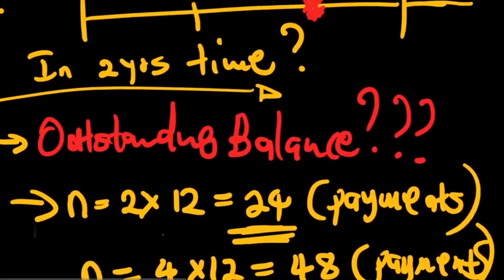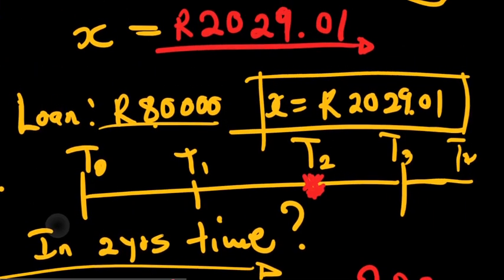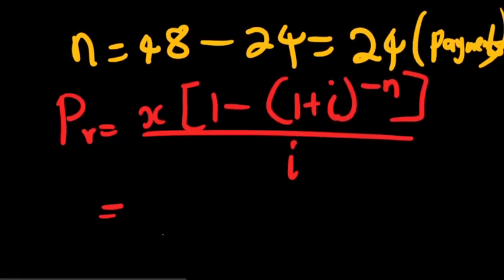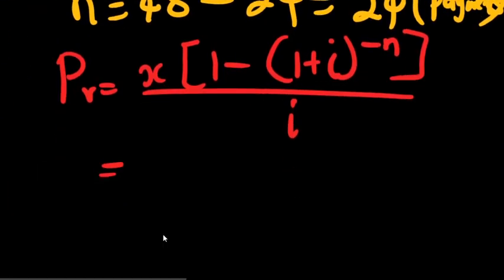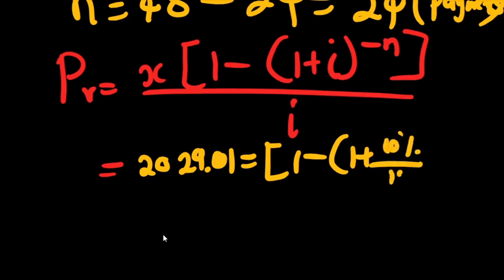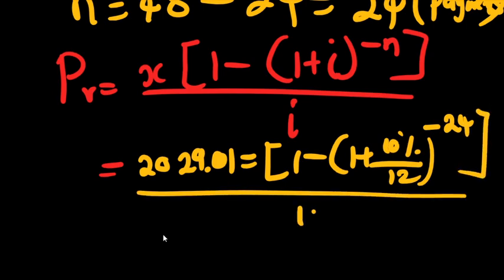Let's go back and see, it's 2,029.01. So it's 2,029.01 times (1 minus (1 plus 10% compounded monthly) to the power of minus 24), divided by 10% over 12. We are just calculating the 24 remaining payments.